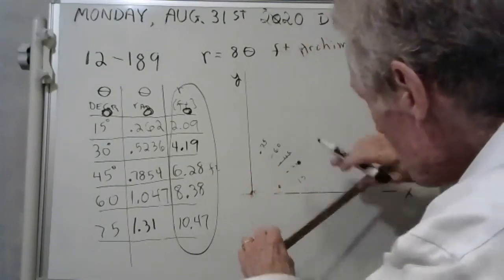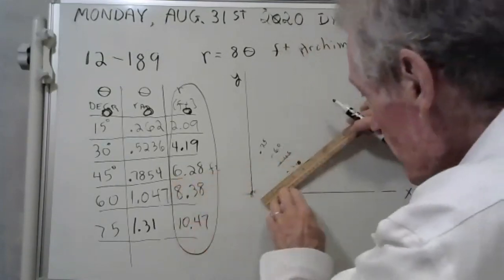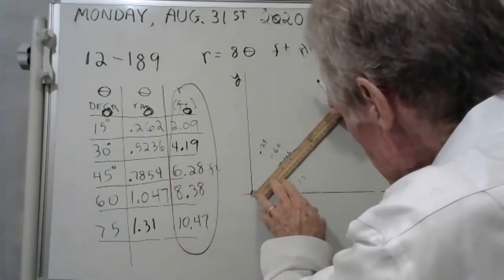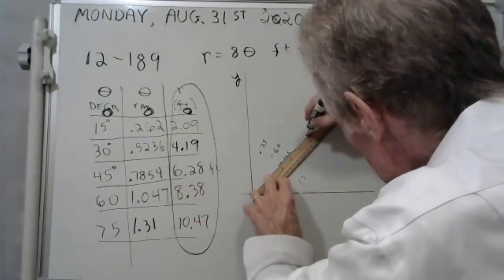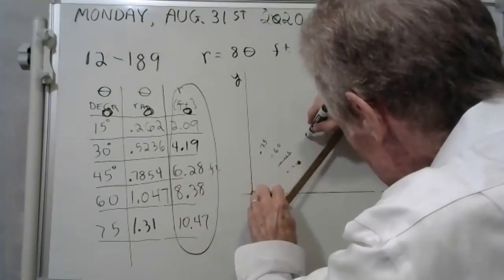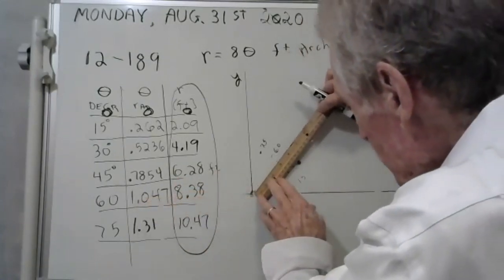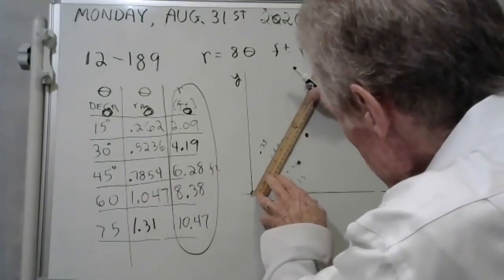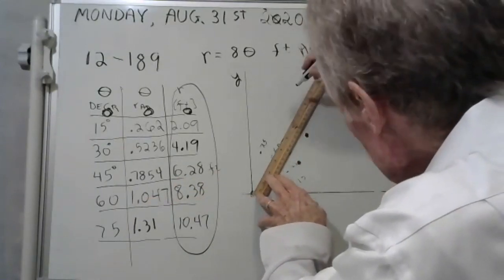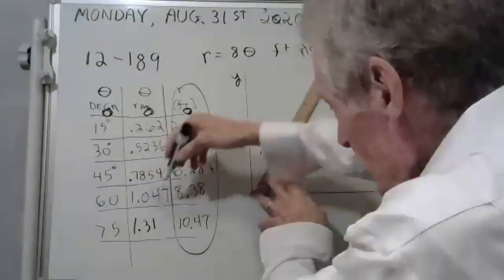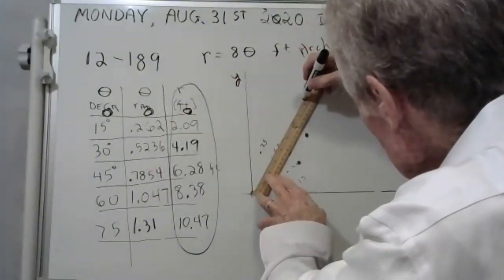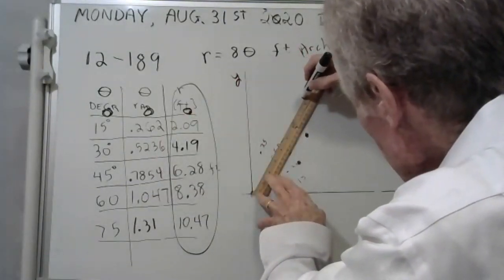And then at 45, we want 6.28. 6.28 puts me right about there. And then at 60, we want 8.38. I was using these wrong numbers here. 8.38, that puts me right about there.